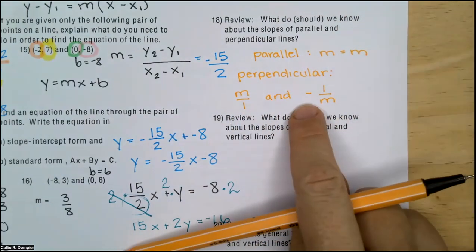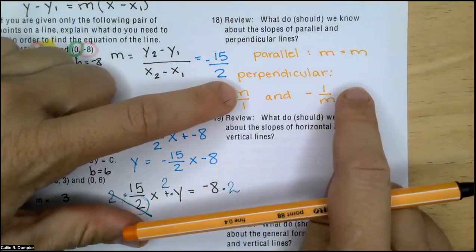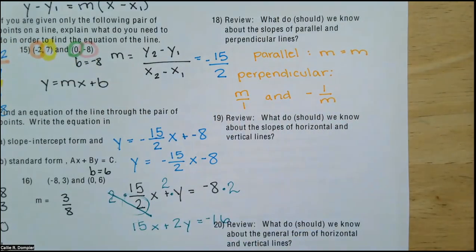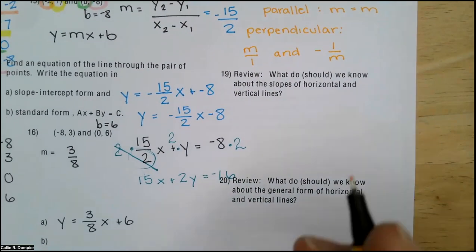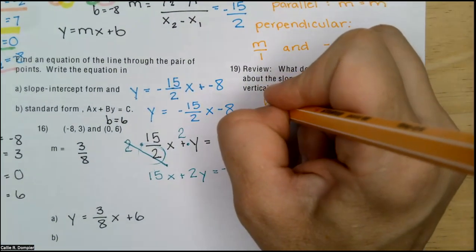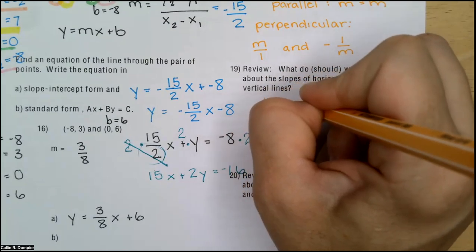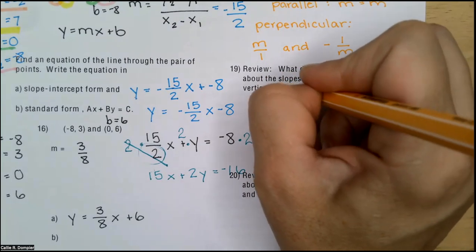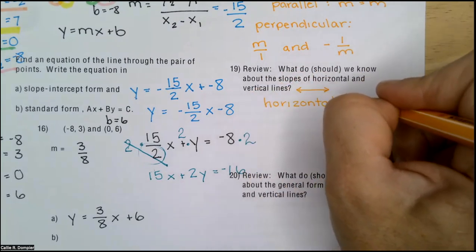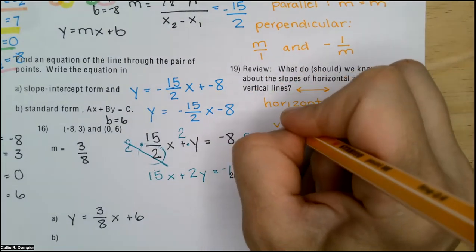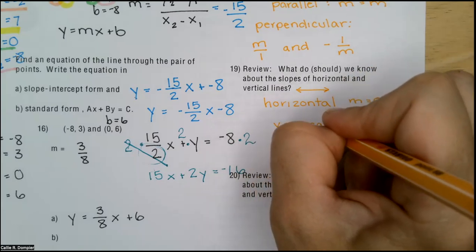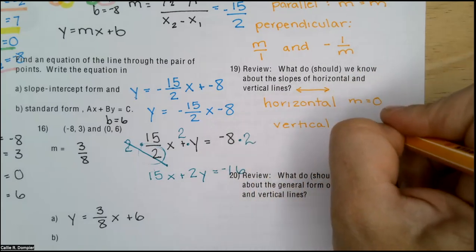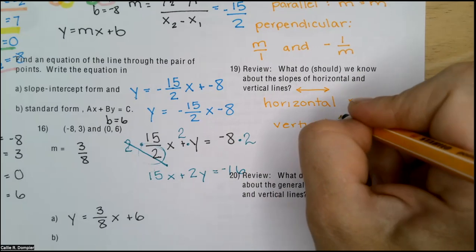So we change the sign and we do the inverse or the reciprocal fraction, okay? Horizontal lines. Think about the horizon, so it's flat. Horizontal, m is 0. Vertical, up and down, undefined.